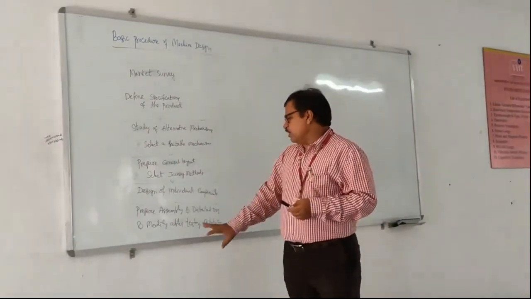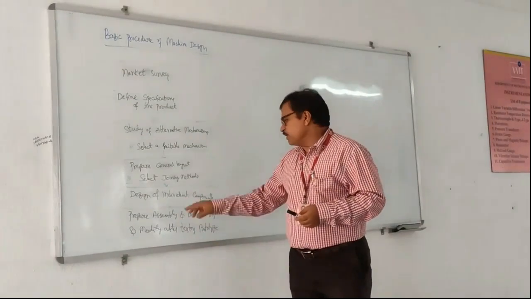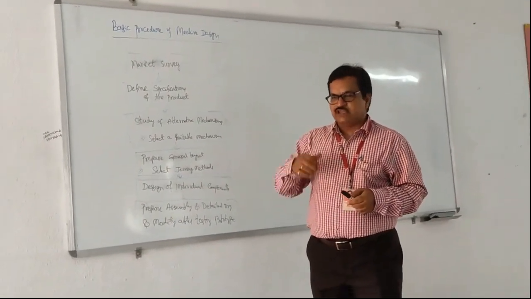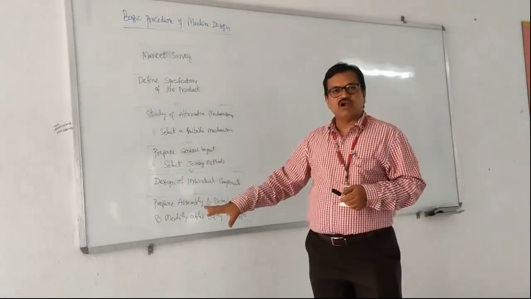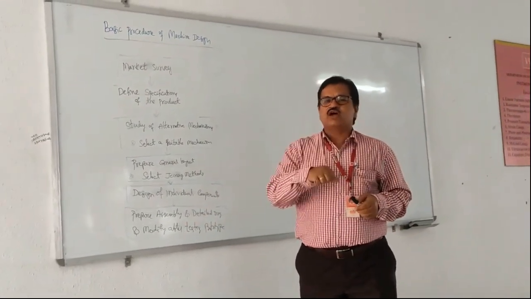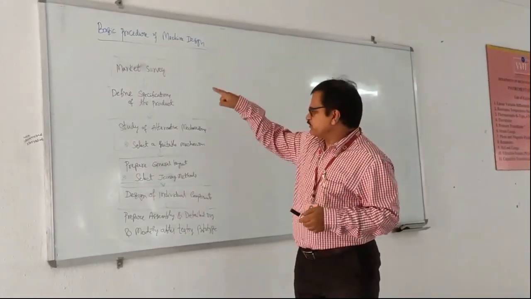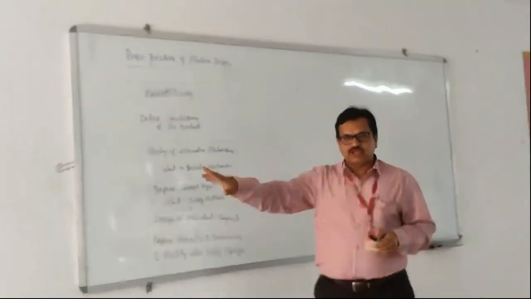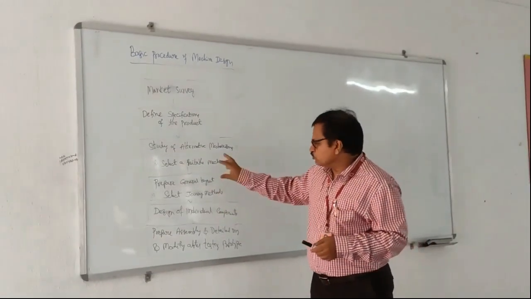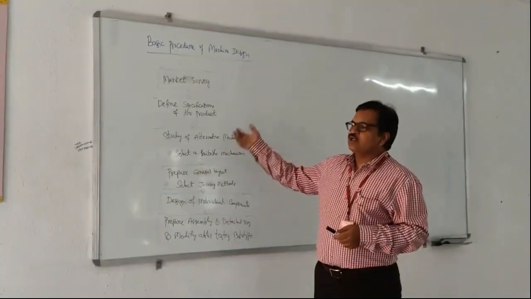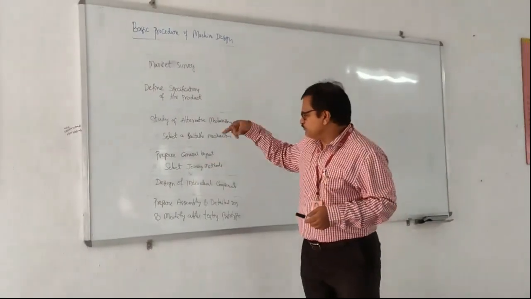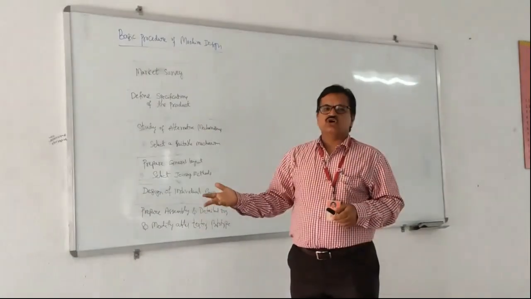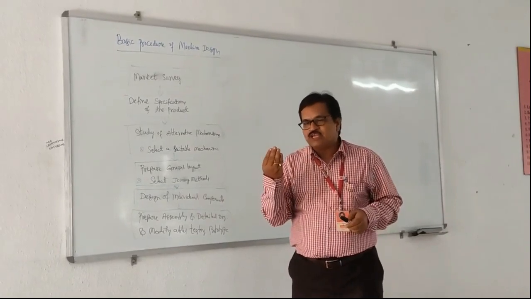So after this modification from the testing of the prototype, the design and drawings are finally modified, and the modified drawings are sent to the production shop. In the production shop, that is in the general layout, with the available machinery setup, we are going to produce the things, and those things produced are joined, and after joining them, we are going to do some inspection.